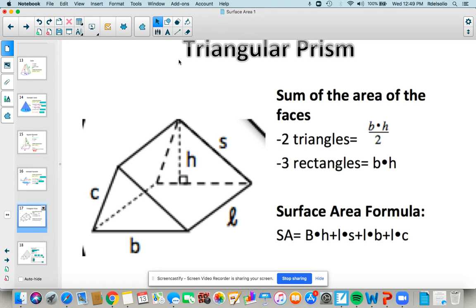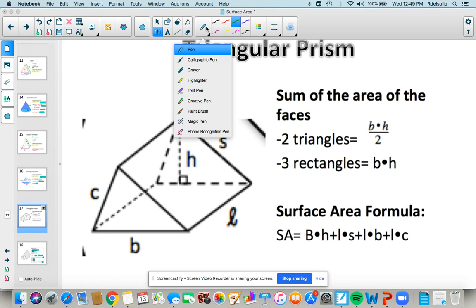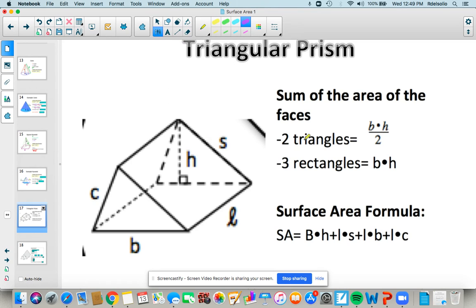A triangular prism is made up of 2 triangles, and we know the area of a triangle is base times height divided by 2. In the front here we have 1 triangle, and in the back we have another triangle. So you could find the area of each triangle, which is base times height divided by 2. And then it's also made up of 3 rectangles, okay?